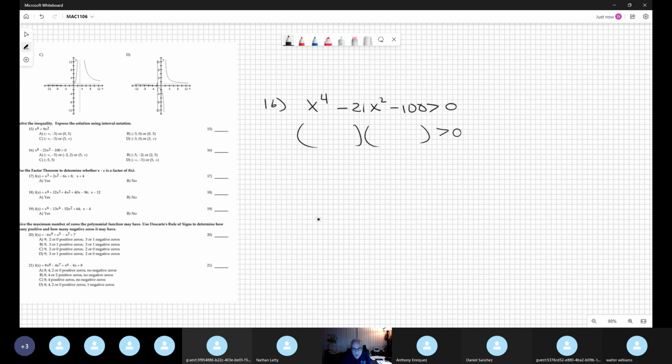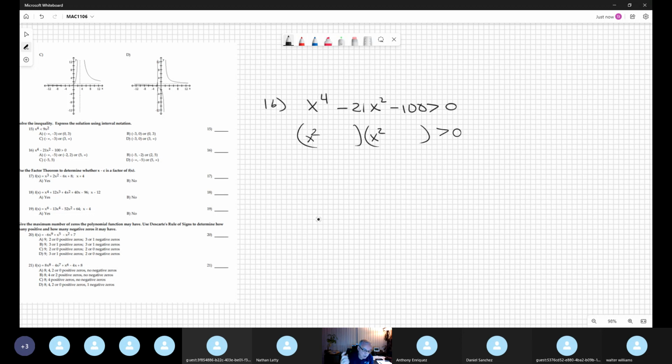It's a trinomial. The square root of this guy is x squared. And you try the combination. I need to find 2 numbers that multiply to give me 100, and somehow when you add or subtract, give me 21. I suppose it's 25 and 4, no? Suppose that you don't know, or in this moment you don't realize this combination, you can apply the quadratic formula.